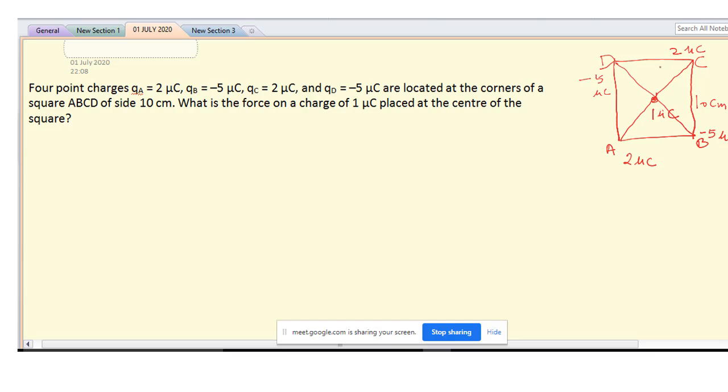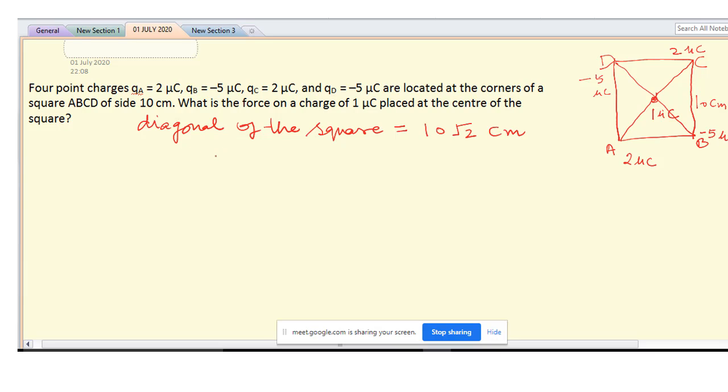Then the diagonal of the square is 10√2 centimeter.